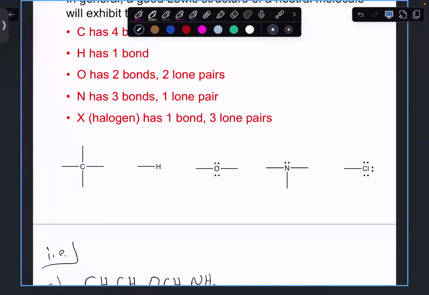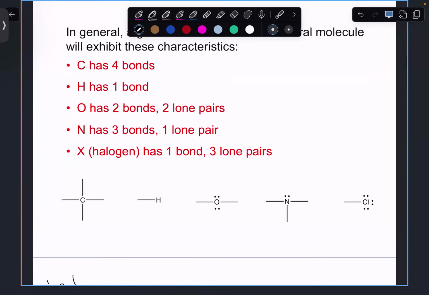Now, you can have variations of this. I mean, I said a carbon always has 4 bonds. I've shown an example here, 4 single bonds. But that's not the only possibility. All I said was that a carbon has to have 4 bonds.